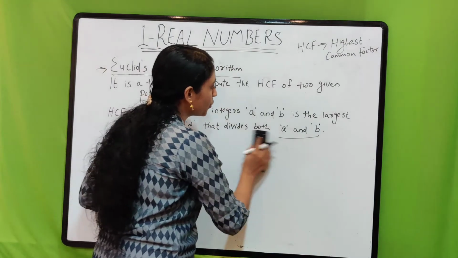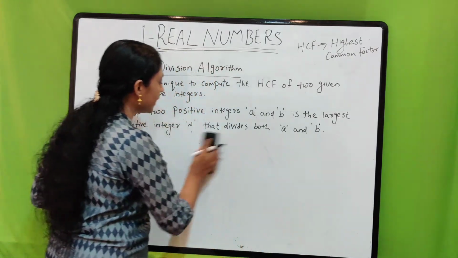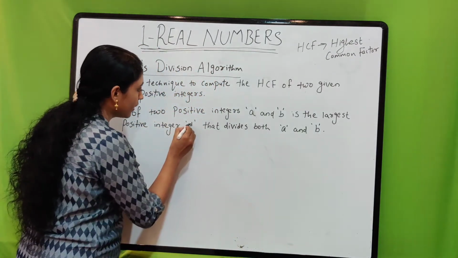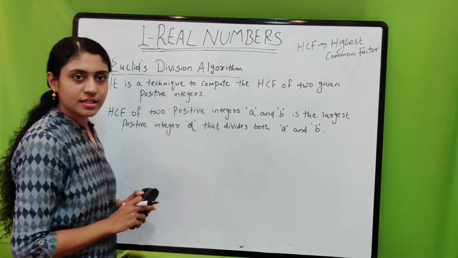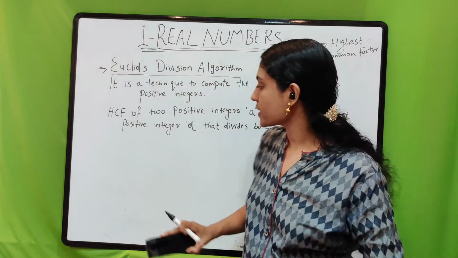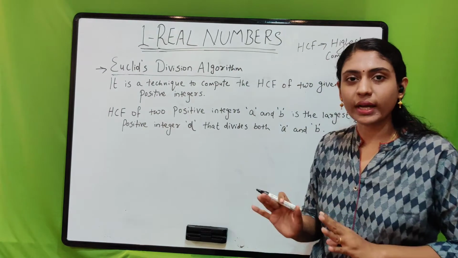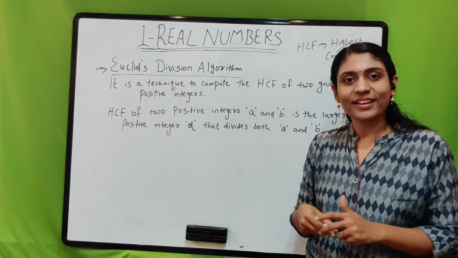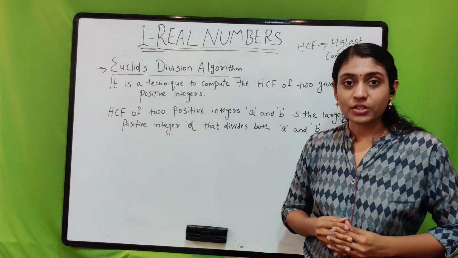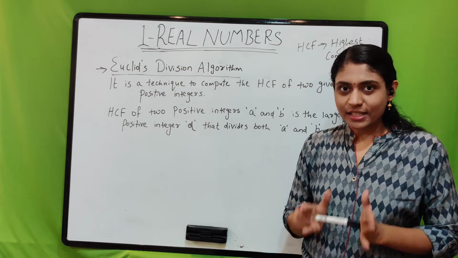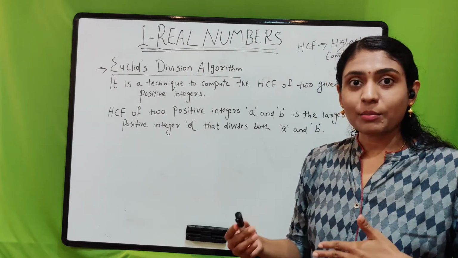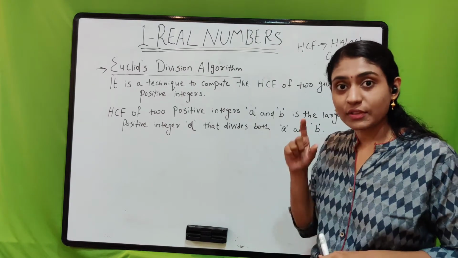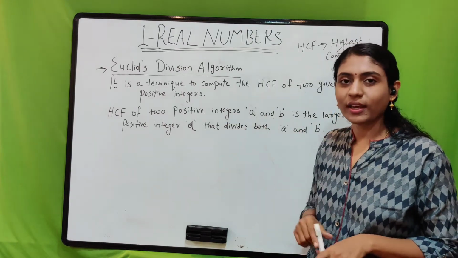So the HCF of two given positive integers A and B is the largest integer D that divides both A and B. So Euclid's division algorithm is actually a method to find the HCF of two given positive integers, right?